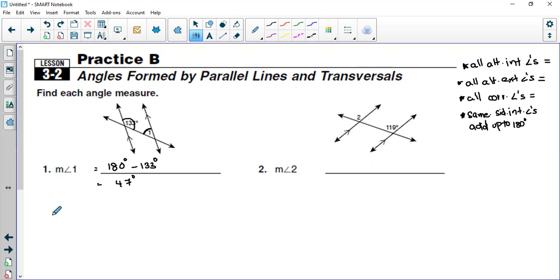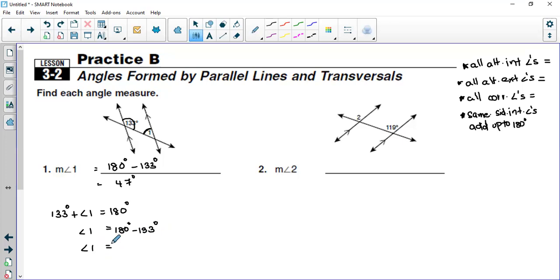Now, if you want to further do it in step-by-step format, that's perfectly fine. We could say 133 degrees plus the measure of angle 1. We don't know how much is angle 1, so let's write it as angle 1 equals 180 degrees. Now you know what to do next. So angle 1 is going to be equal to 180 degrees minus 133 degrees, which would again give you the same.